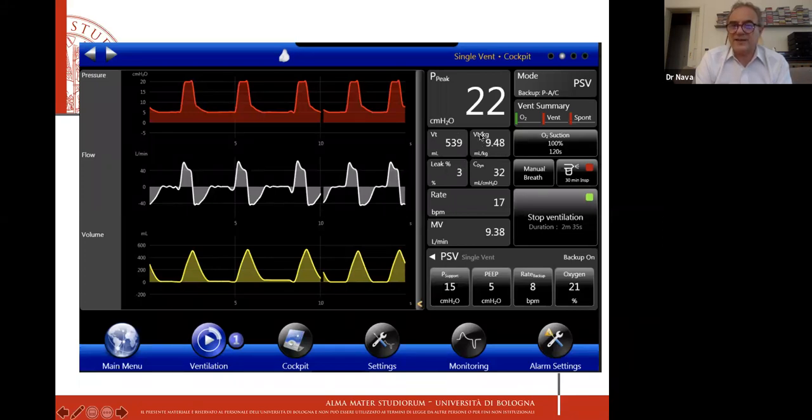For example, the tidal volume expressed per kilogram, the calculated tidal volume, the percentage of leak, even the dynamic compliance, and obviously also the mode of ventilation, when you suction the patient, and the possibility of nebulization.